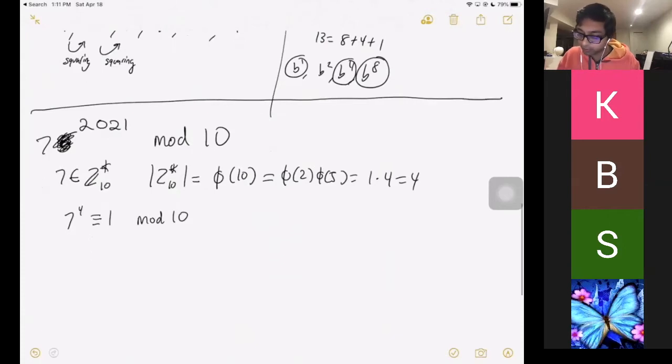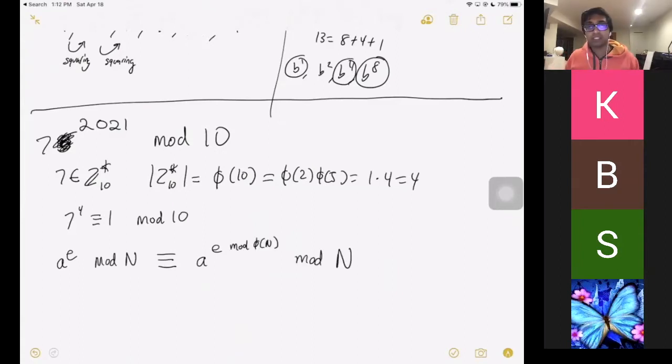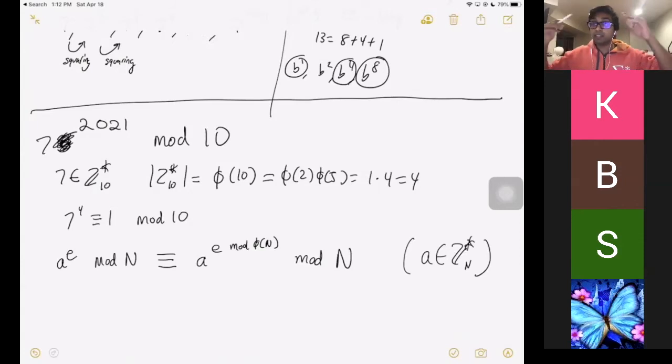So specifically, if I'm doing something like a to the e mod n, then this is going to be congruent to a to the (e mod phi of n), mod n. I can always think about my exponents as living in the phi of n universe. The assumption here is that a is an element of Z star n. So if a and n are coprime, then raising a to some exponent is really raising that exponent in the modular universe phi of n, because once I get to phi of n, things start wrapping around again.